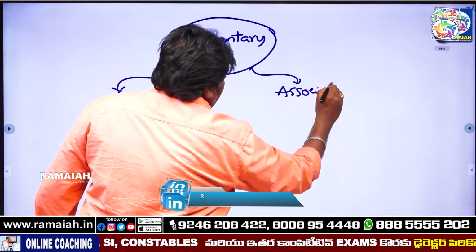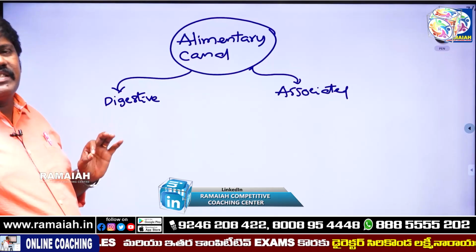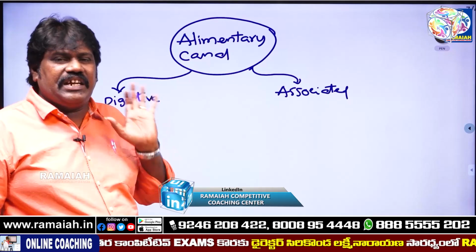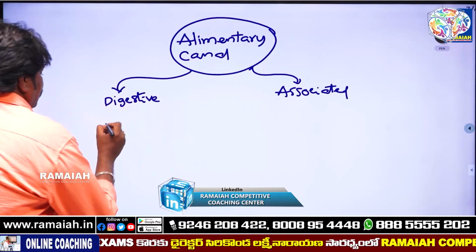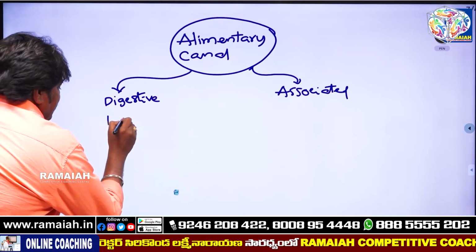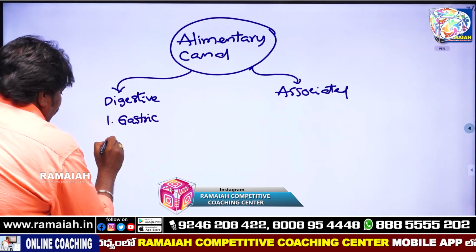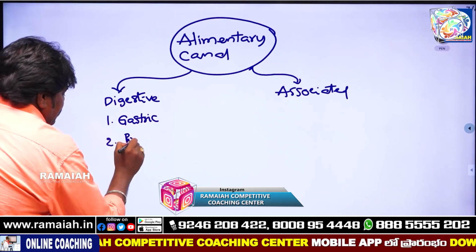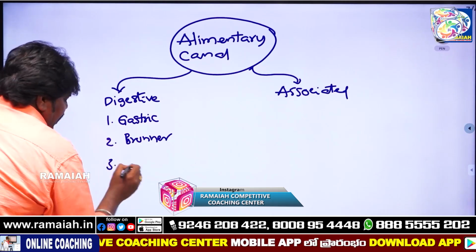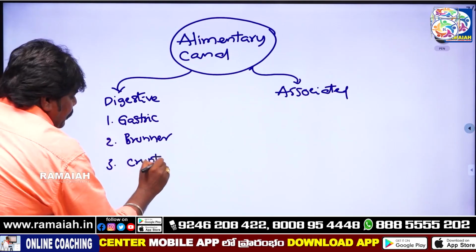Digestive glands are only three. What are the three types? First one is gastric glands, second one is Brunner glands, third one is crypts of Lieberkühn.